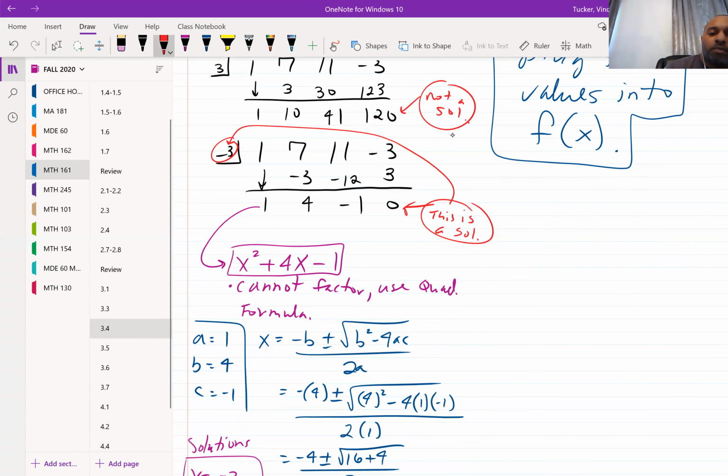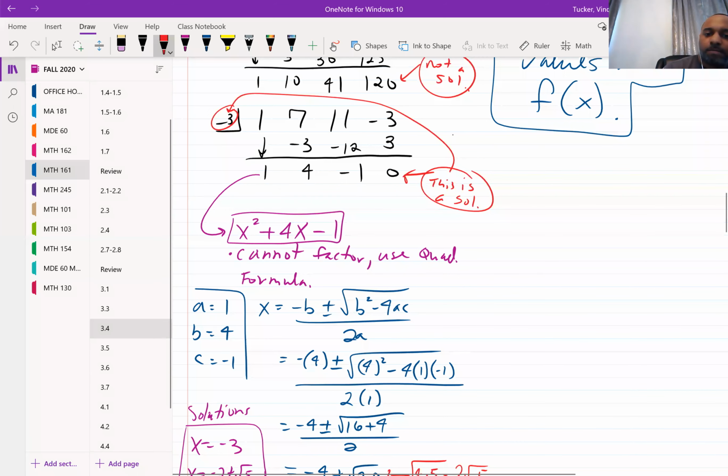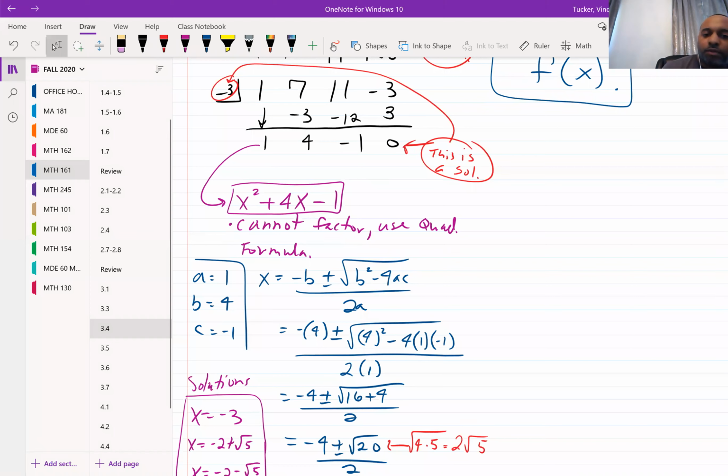That means A is 1, B is 4, C is -1. We plug those into the formula: -4 plus or minus the square root of 4 squared minus 4 times 1 times -1, all over 2 times 1.